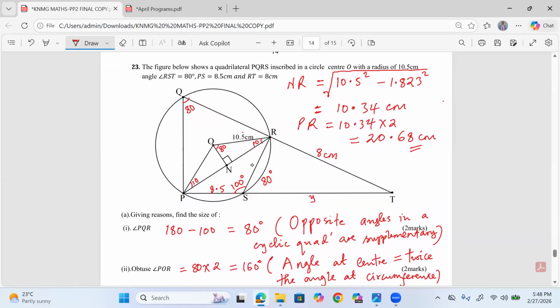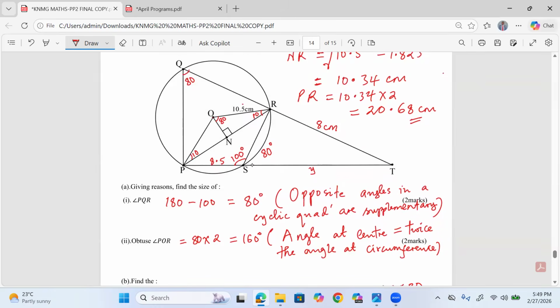We also have the length 8, which is known. And on the lower side, PT, we have part of PT known. If part of PT is known as 8.5, then we can get the remaining part, and it will be very easy to do that.